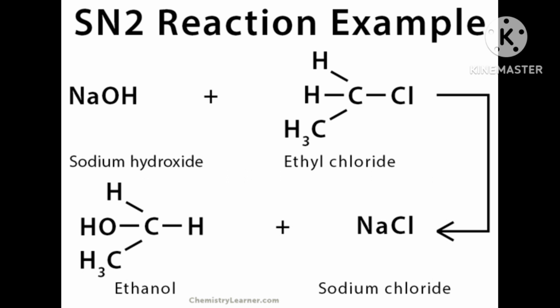This is butyl bromide, a simple alkyl bromide like methyl bromide, but it is tertiary: three methyl groups, or three alkyl groups, are attached to the carbon, and bromine is attached to this carbon.